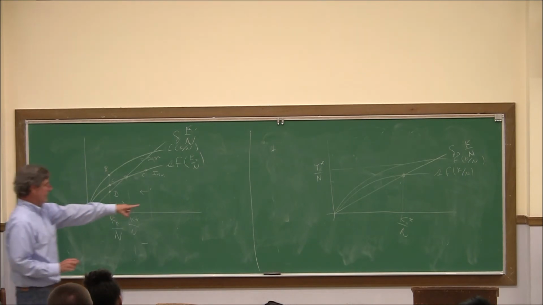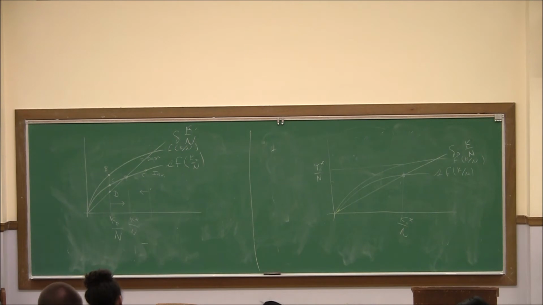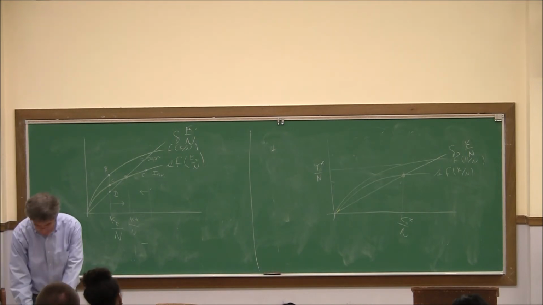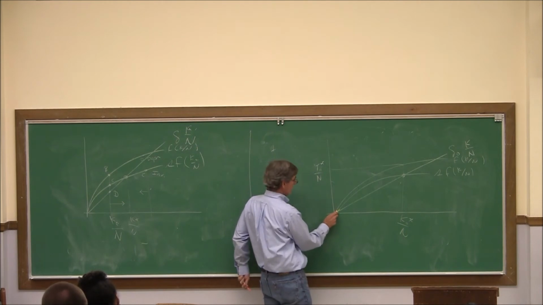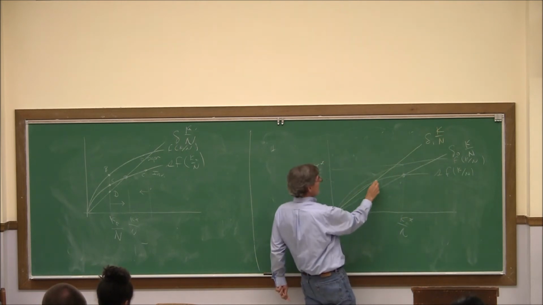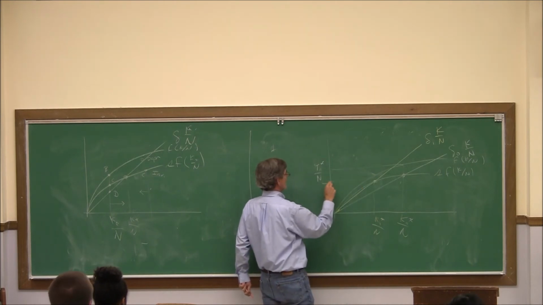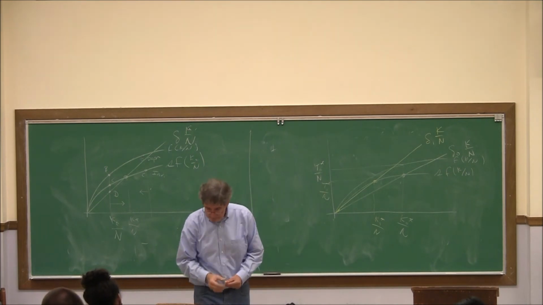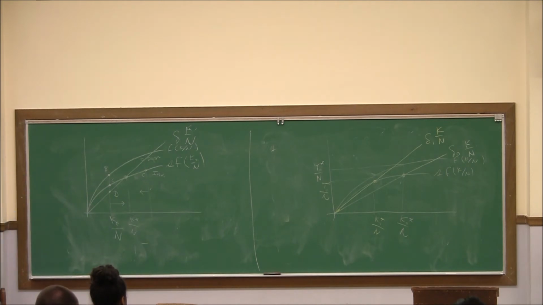So what if delta goes up? Then this goes up to delta 1 K over N, and the standard of living, K1 star over N, falls.